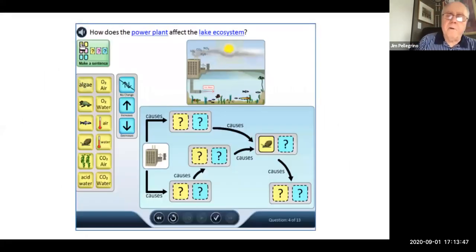Here's an example of a task just to illustrate a little bit of what's possible. This is a science task that's intended for middle school students.